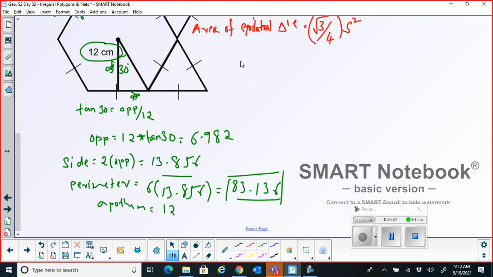So area of hexagon is half of apothem, which is 12, times perimeter, which is 83.136, which will give us 498.816.